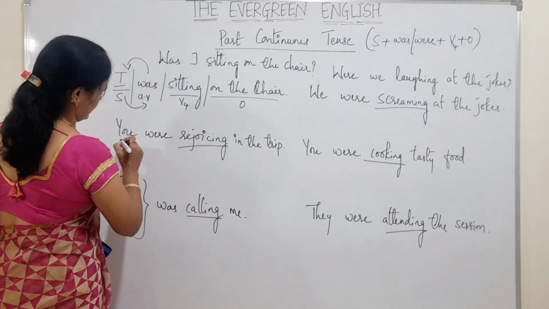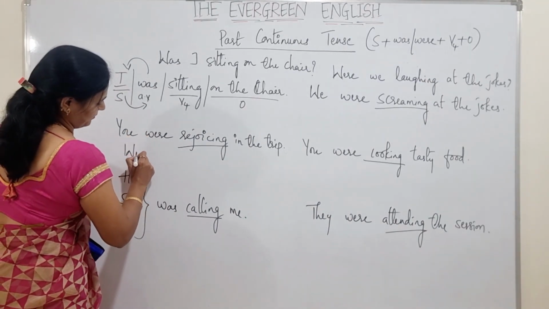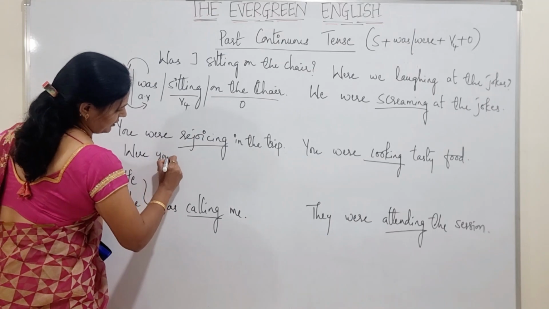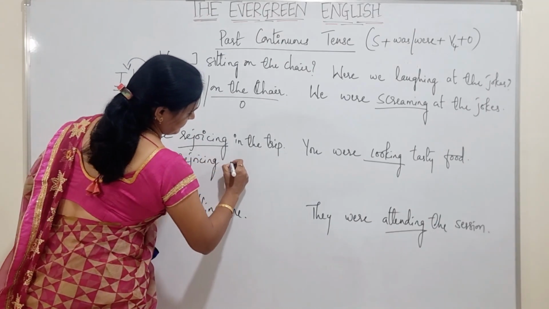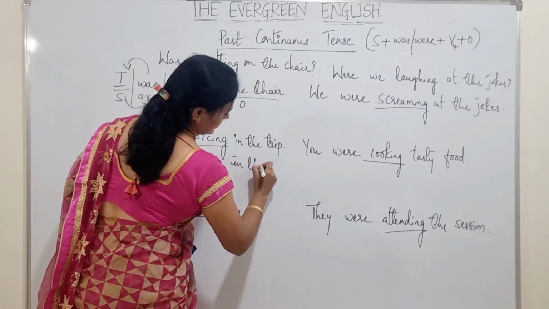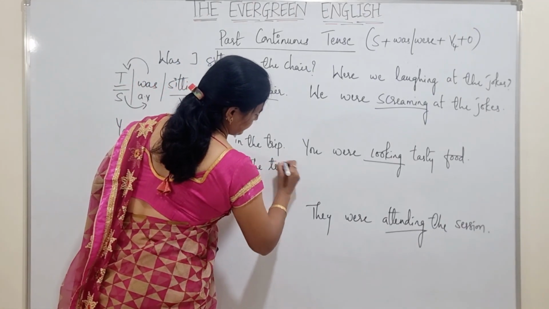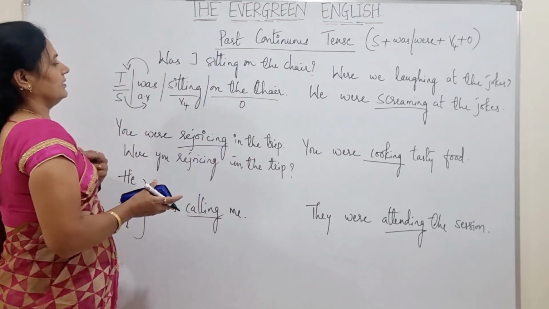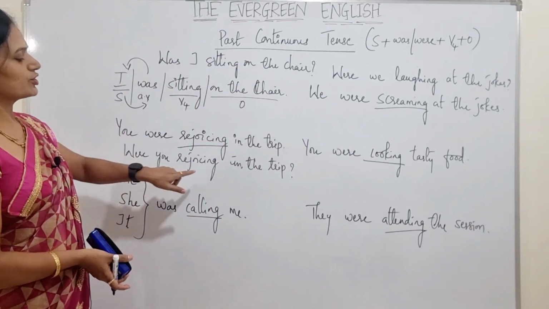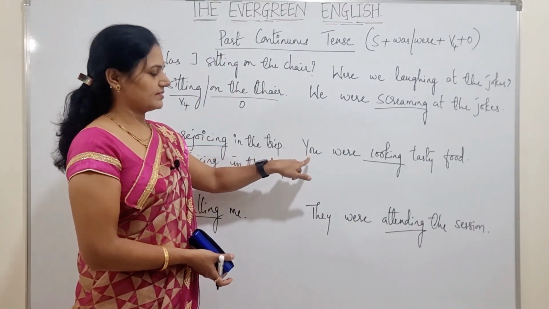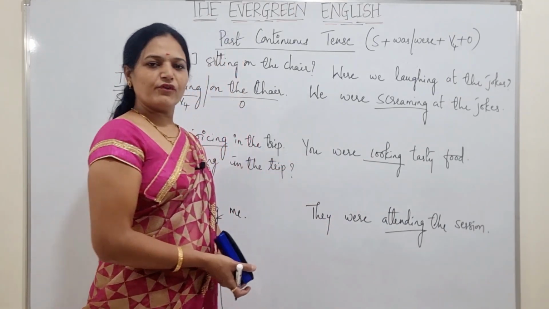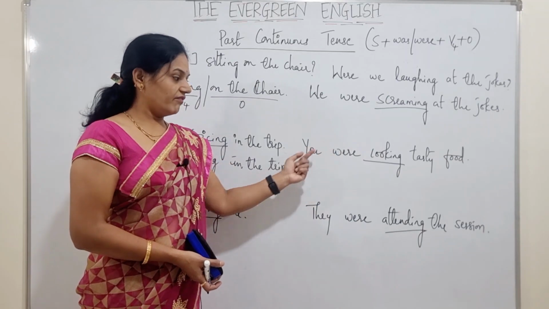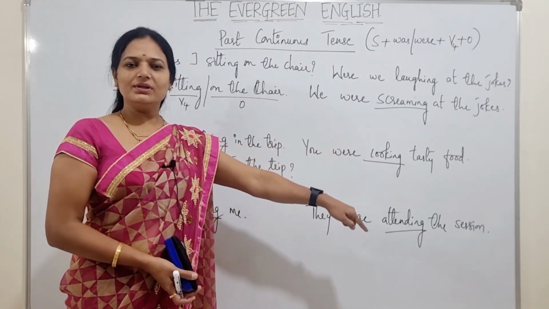You were rejoicing in the trip. How do you change? Were you rejoicing in the trip? Question mark. Understood? Come on, try it. You were cooking tasty food. Were you cooking tasty food?